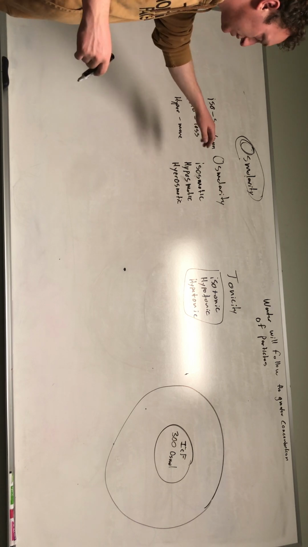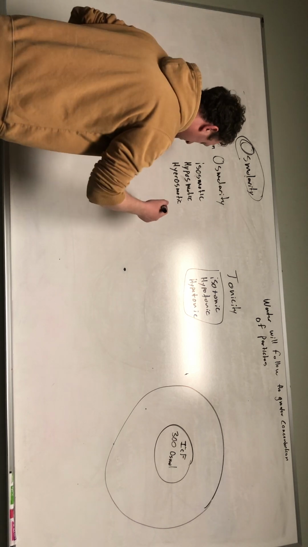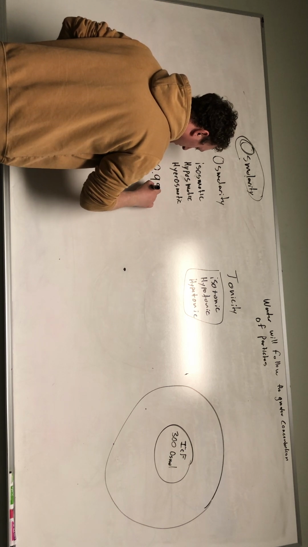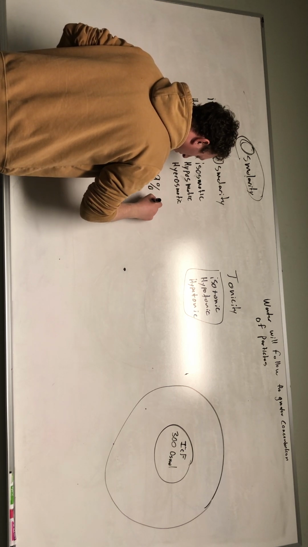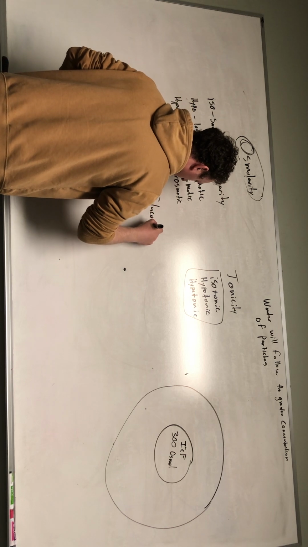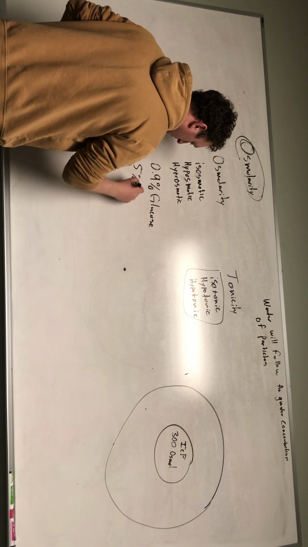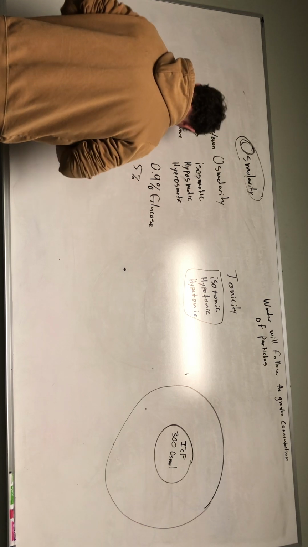So an example of isoosmotic. Let me introduce you to a couple things. So we have 0.9%. What is that? Glucose. And then we have 5%. No, sorry, it's the other way around.